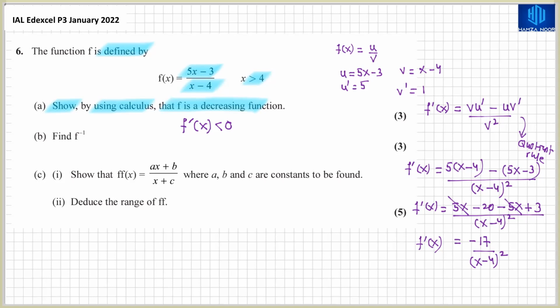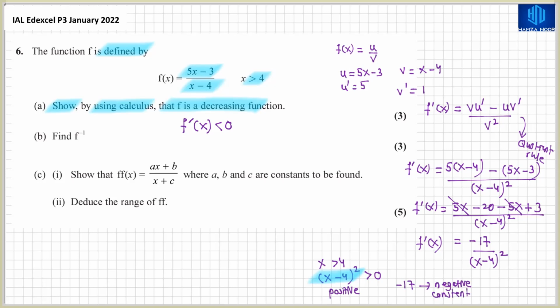So when x is greater than 4, (x - 4) whole squared is always greater than 0, which means it is always positive. But in the f'(x) function, we have minus 17 divided by (x - 4) whole squared. Minus 17 is basically a negative constant.